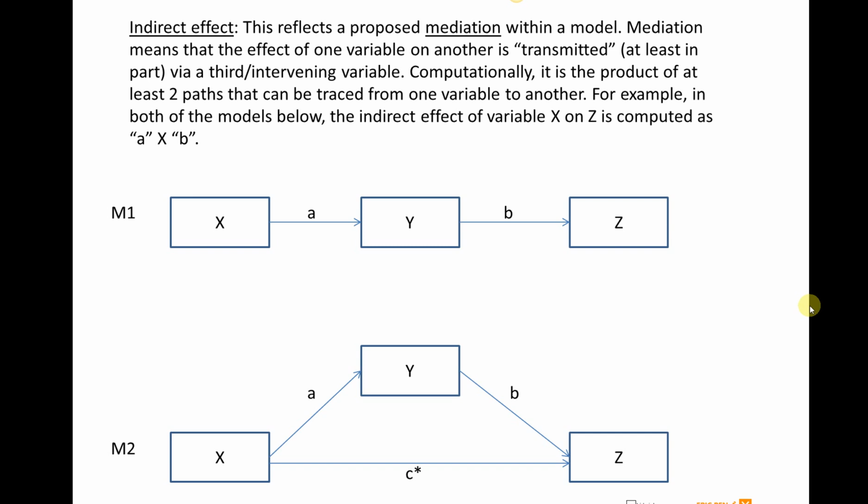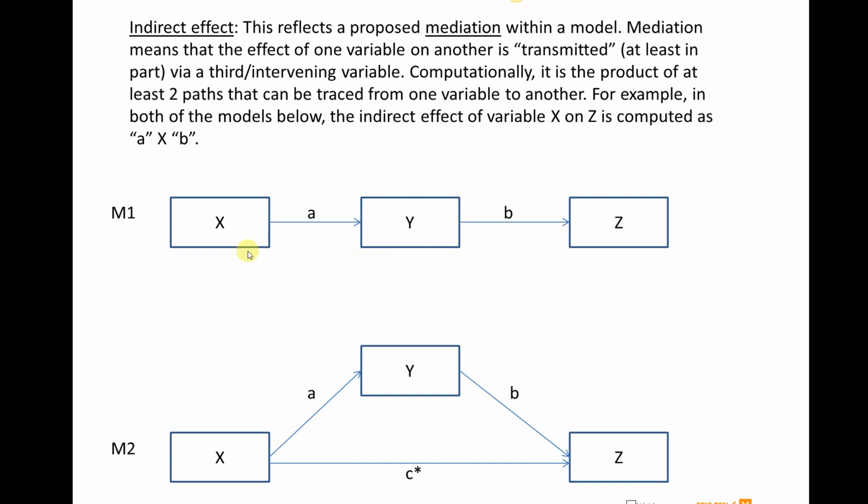Now another type of effect is referred to as an indirect effect, and in this case we are looking at the issue of mediation. When we're talking about mediation, we're talking about the idea that the variation in one variable, or the effect of one variable on another variable, is transmitted through another variable, a third variable or an intervening variable.